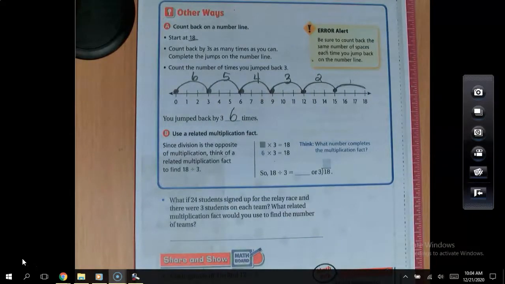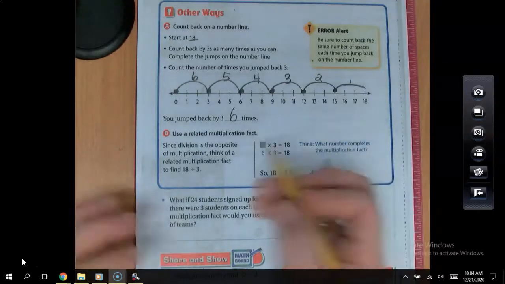So that's another way. Right now we've learned about putting counters into groups. We've now worked on the number line. And another way that they want us to think about is related math facts. If I know that 18 divided by 3 equals 6, I know that there are other multiplication equations and another division equation that is related to that.